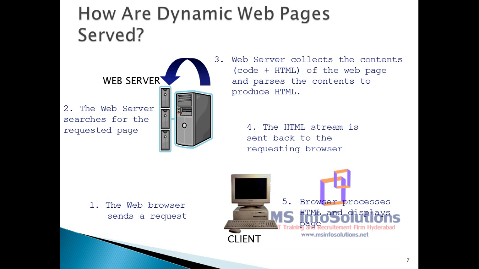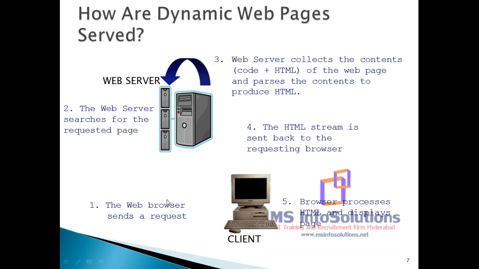When the user tries to access google.com, first he needs to write the particular address in the URL bar. So he types google.com and presses enter. That is the first step that appears here.